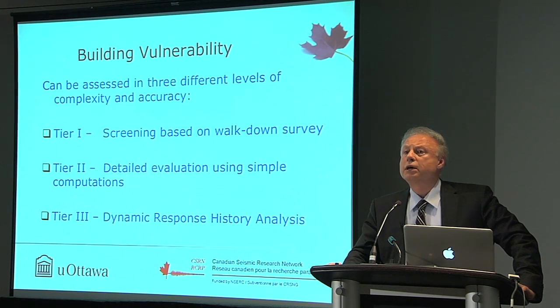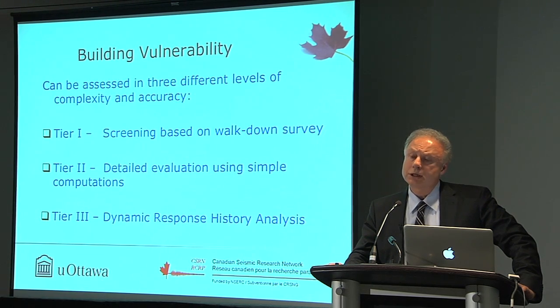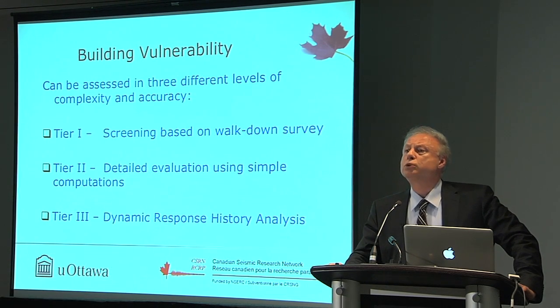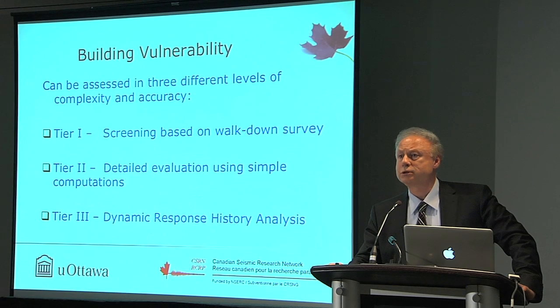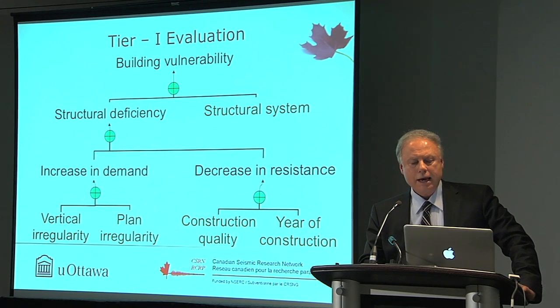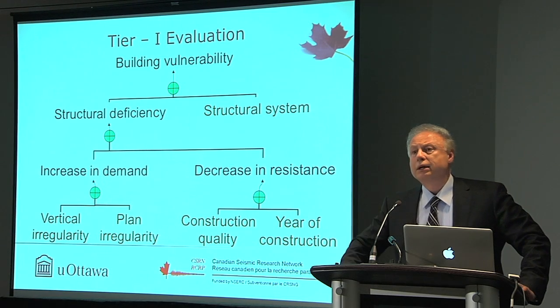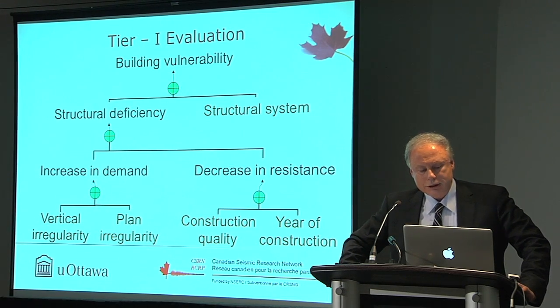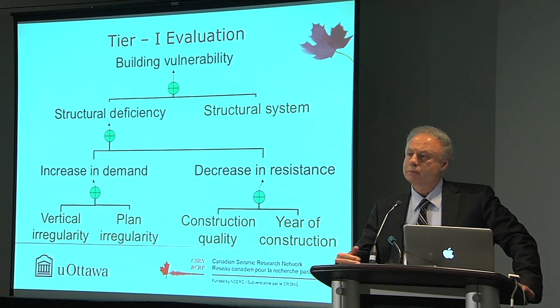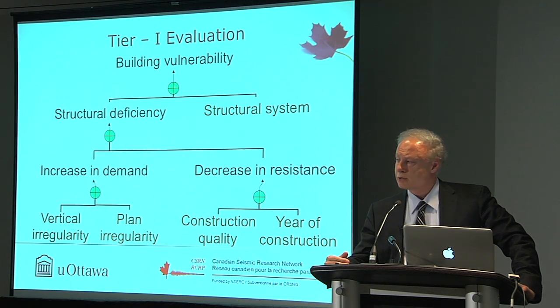Tier 2 would have more parameters, more detailed, and yet you still don't need a computer program. Tier 3 would require full-fledged dynamic and elastic response history analysis, which is very rarely done, only done for important buildings.